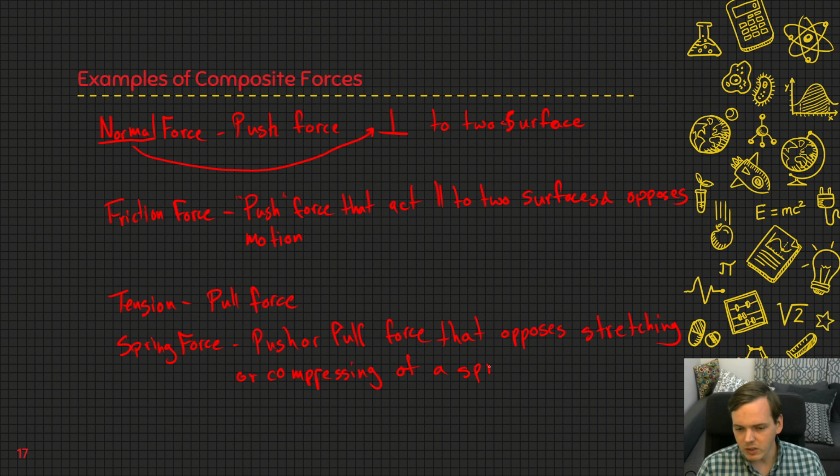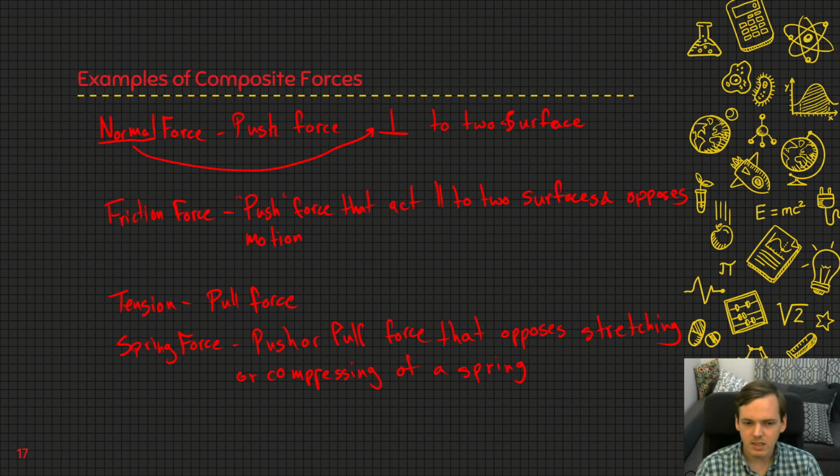So if you have a spring and you're trying to make it shorter or longer than its quote-unquote natural length, the spring force will push or pull back to where it was. So if you're compressing it, you're squeezing it tight, it's going to push back against that. If you're stretching it, pulling it tight, it's going to pull back against it.